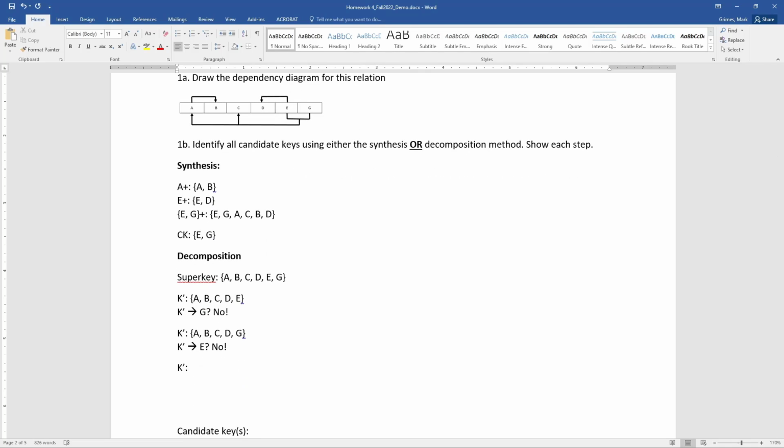So we'll try once more. We're going to set our value of K prime to be A, B, C. We have to put our E back in, and we already put G back in, but this time we're taking out D. And we're going to ask, does A, B, C, E, G functionally determine D?